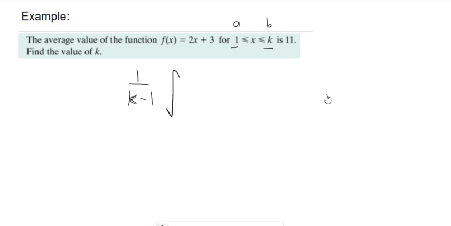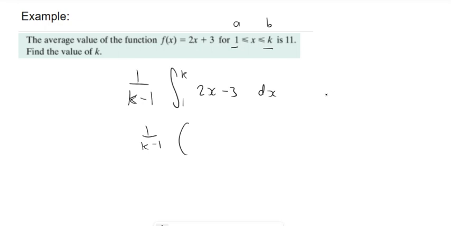Then the integral between k and 1 of 2x minus 3 dx. So 1 over k minus 1, we can't do anything with that, but let's integrate.